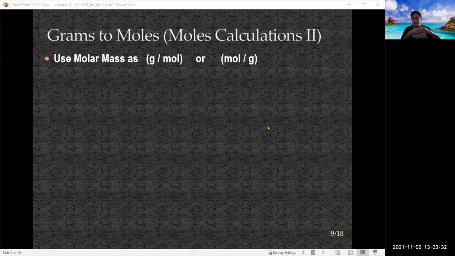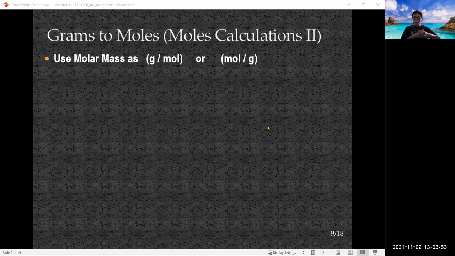And like with any ratio, I can't over advocate, we can write that ratio as either, in this case, grams per mole or moles per gram. Which one we need is dependent on the units that we need to utilize, okay?